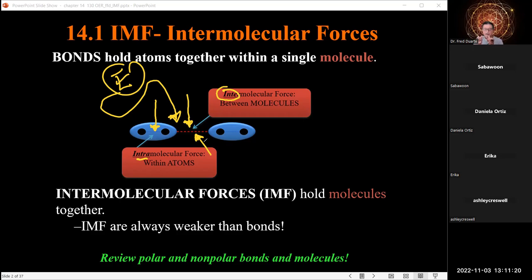And then you have water in the vapor phase, where the molecules are totally separated from each other, with no close interaction. If we take a cube of ice and put energy into it, we heat it up, what does it do? It melts, right?